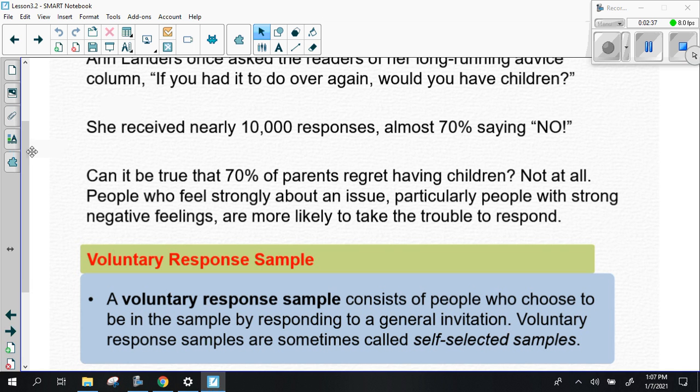So we want to try to, first of all, not have a voluntary response sample like this. And second of all, no matter what, let's make sure that we're not posing the question in a way that has people choose more of one decision than another.